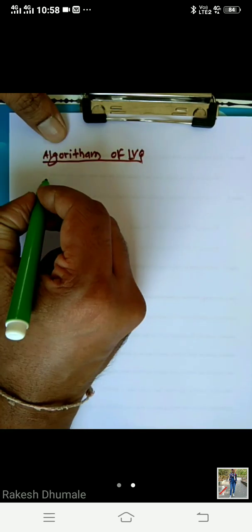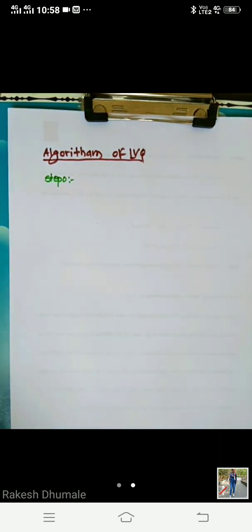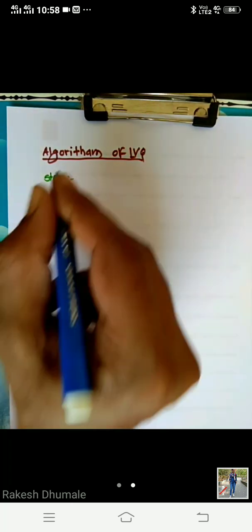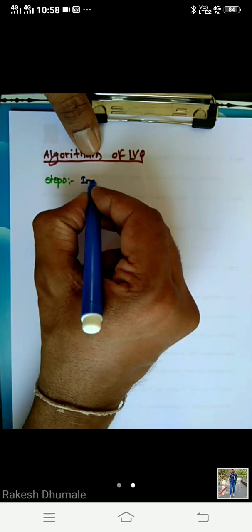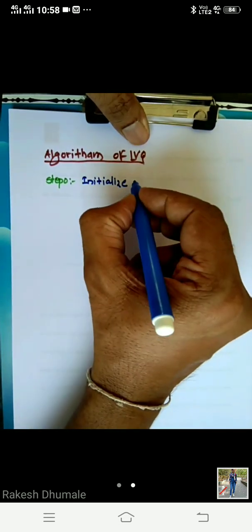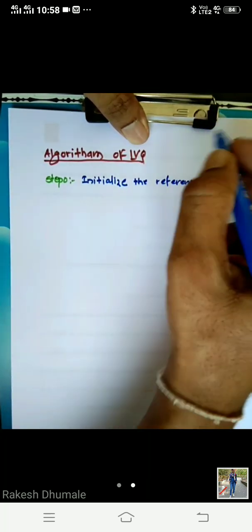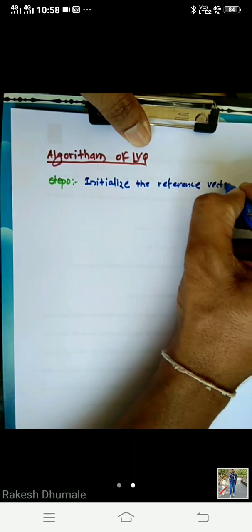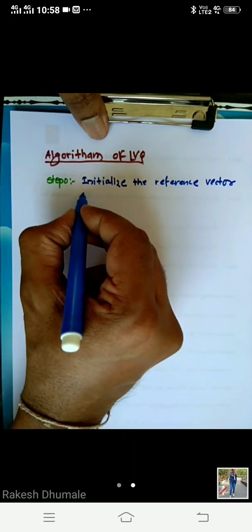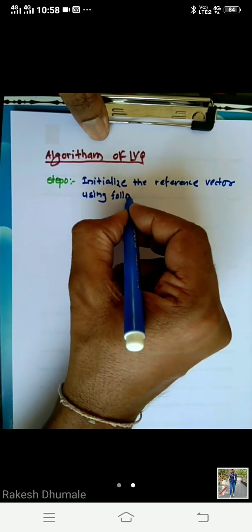So let us start with step 0. In step 0, first initialize the reference vector using the following steps.